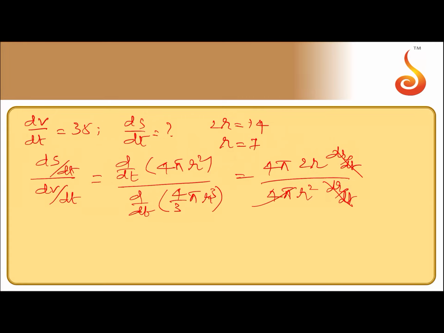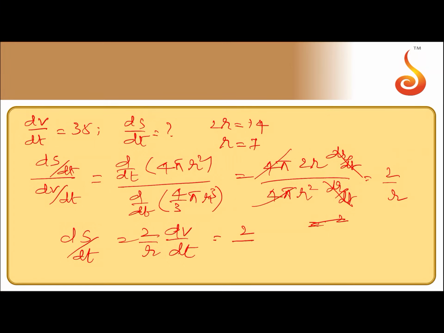This gets cancelled and 4 pi cancels, and I hope you'll be getting 2 by r. Therefore, dS by dt is nothing but 2 by r multiplied by dV by dt. At that instant of time, r is equal to 7 and dV by dt is equal to 35, so that is equal to 10 units per second.